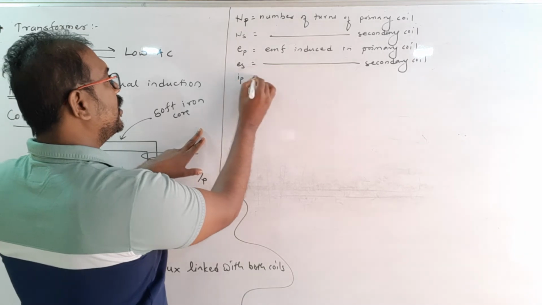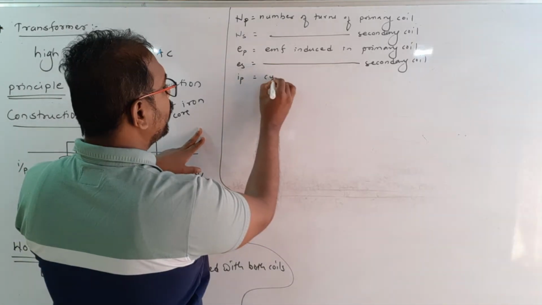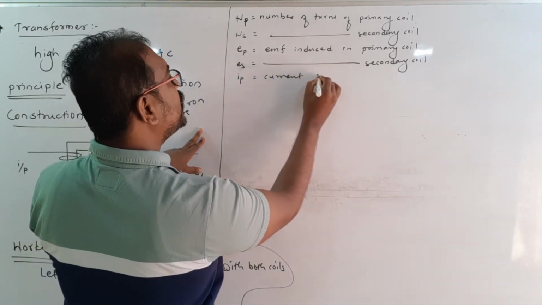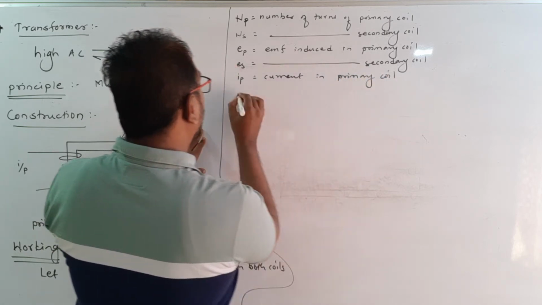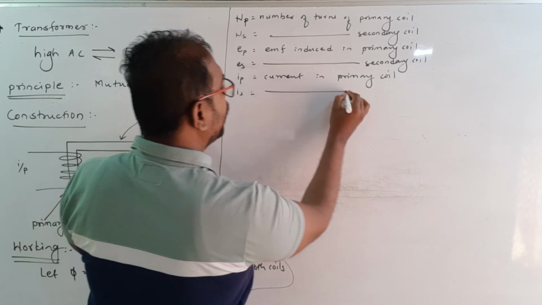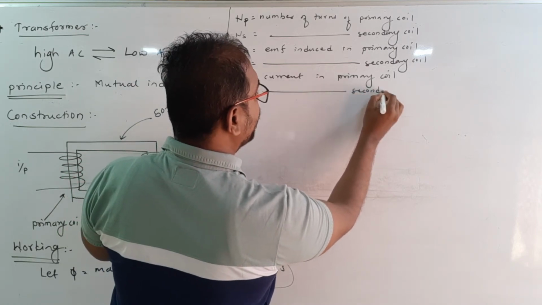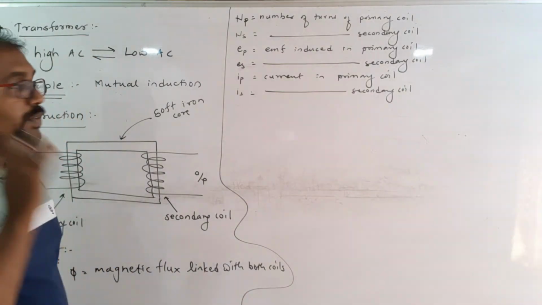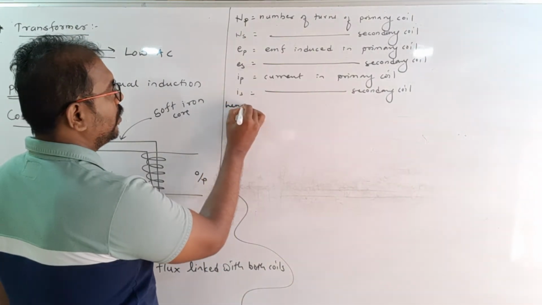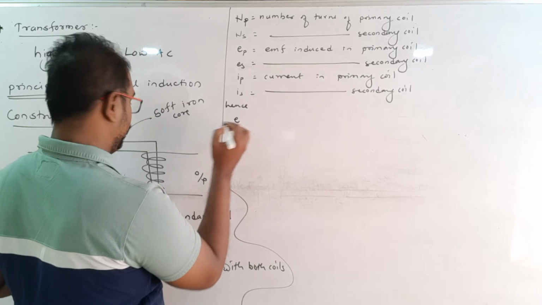Then IP, current induced in primary, and IS, current induced in secondary coil.